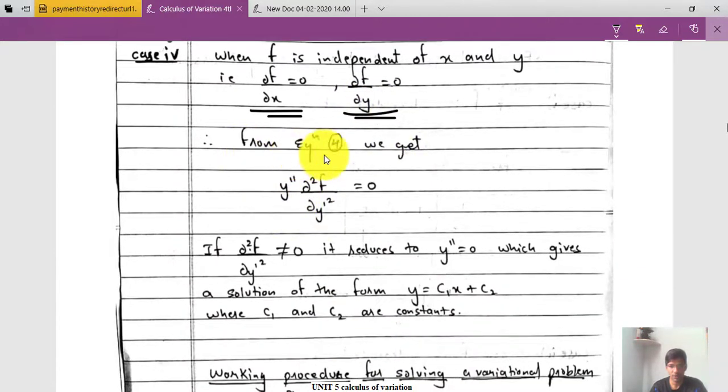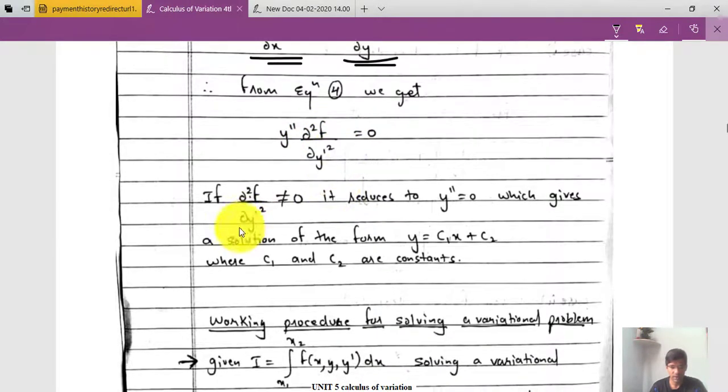Therefore from equation 4 we get y double prime dou square f by dou y prime square equal to 0. Now at any instant, if dou square f by dou y prime square is not equal to 0, it reduces to the equation y double prime equal to 0, which gives a solution of the form y equal to c1 x plus c2, where c1 and c2 are constants.